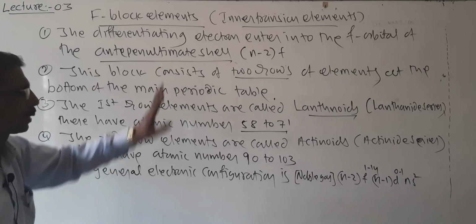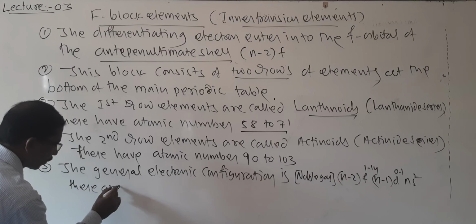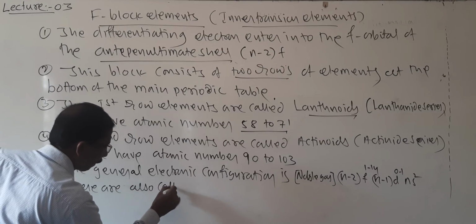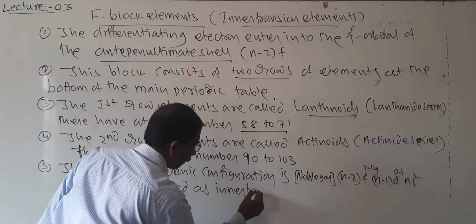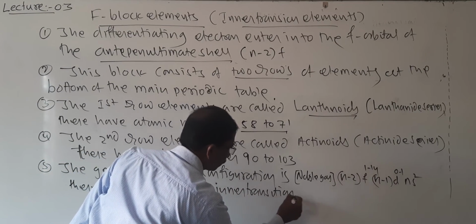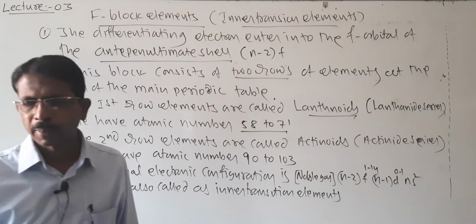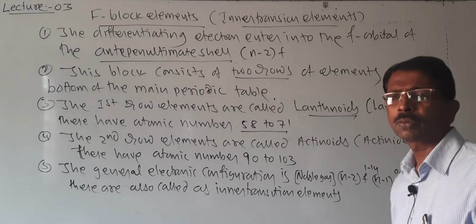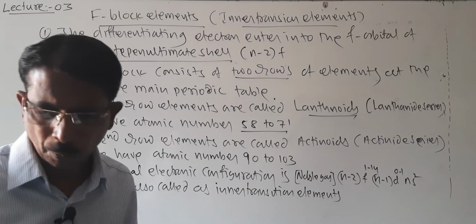So it is the general electronic configuration. And these are also called as inner transition elements. Many elements from the actinides are man-made. These can be prepared in the laboratories.